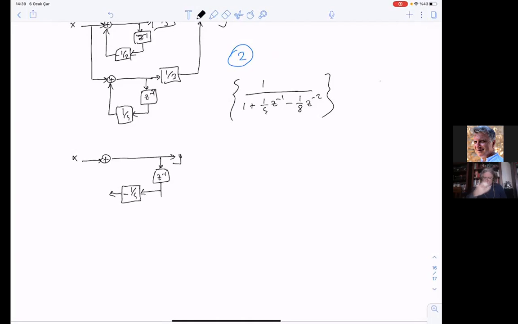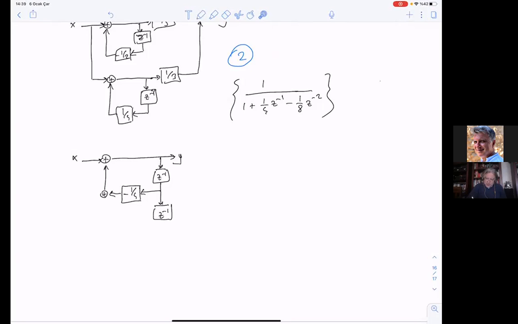Normally, of course, it must be combined to the top branch, but it will further be combined from the bottom with another further delay, z to the -1 again.